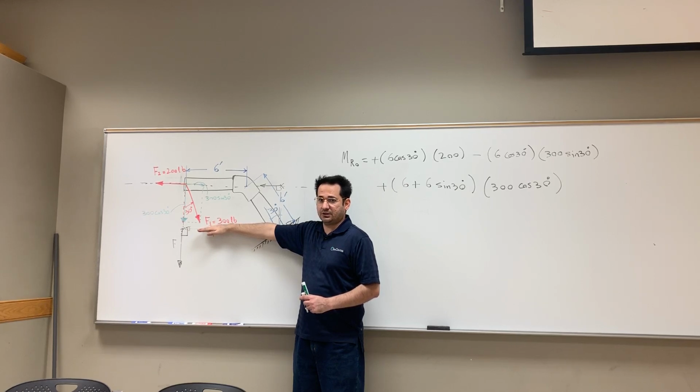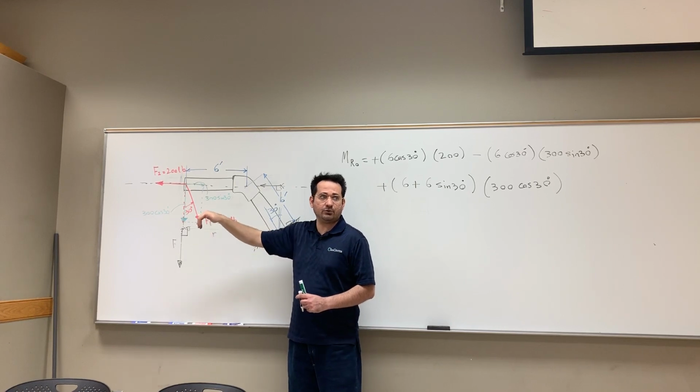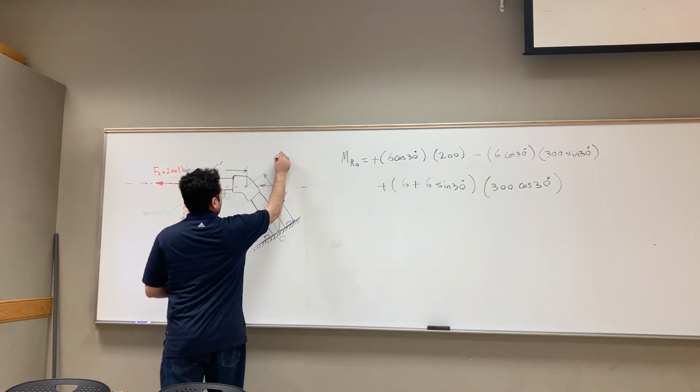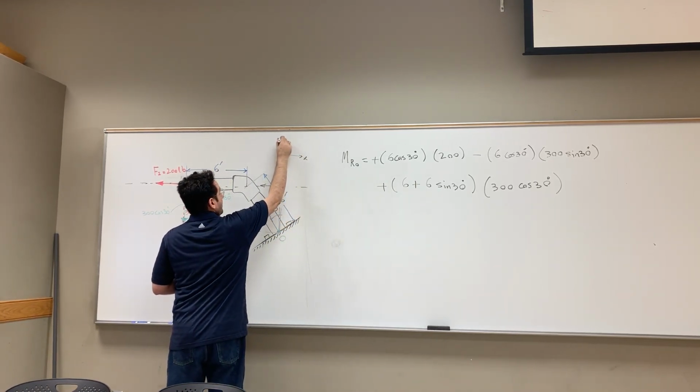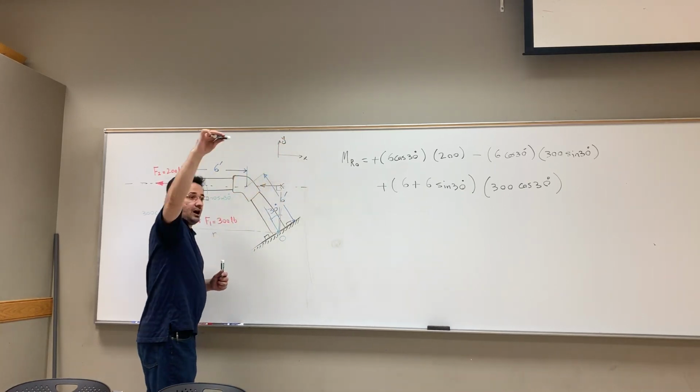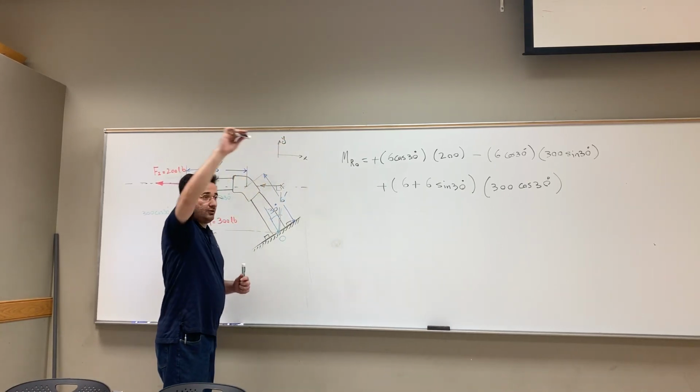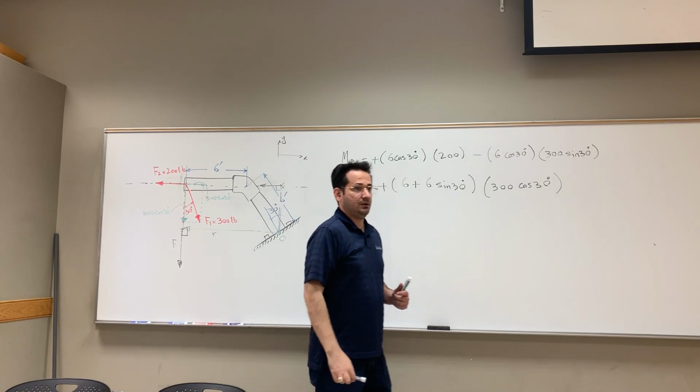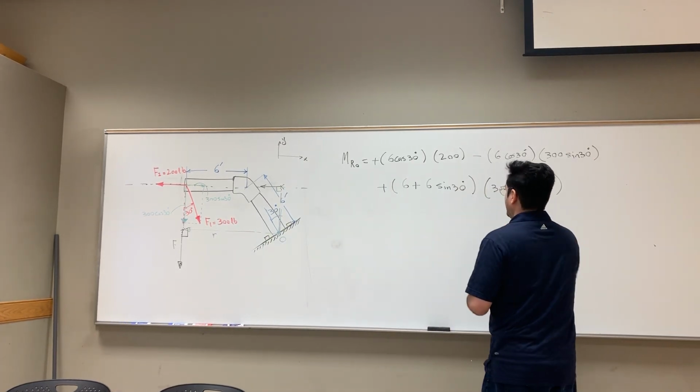Where is the force going? Down, right? So your thumb is showing the direction of the moment, which is outward, positive, because if this is your X and this is your Y, your Z is outward. Positive Z is coming out of the whiteboard, right?